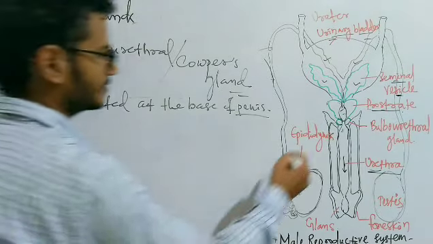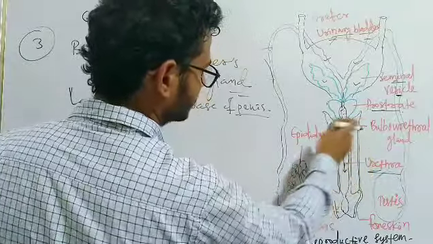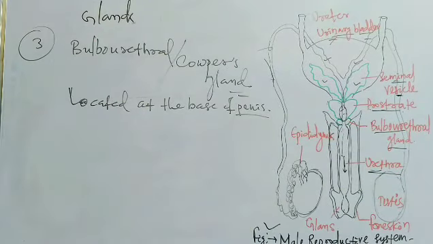After the ejaculatory duct, which changes into the urethra, the bulbourethral glands are present behind the urethra.